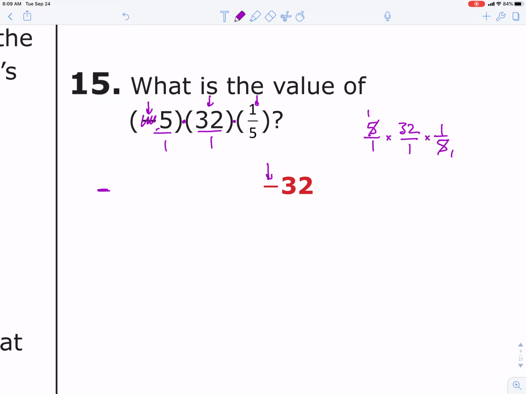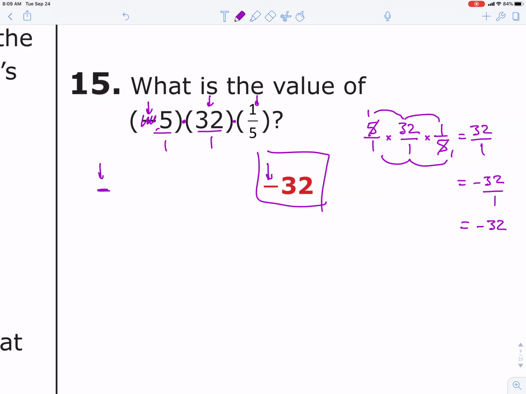So if I multiply straight across, 1 times 32 times 1, 32. 1 times 1 times 1 is 1. And remember, our answer was going to be negative. So we end up with negative 32 over 1, or just negative 32. So that's where that comes from.